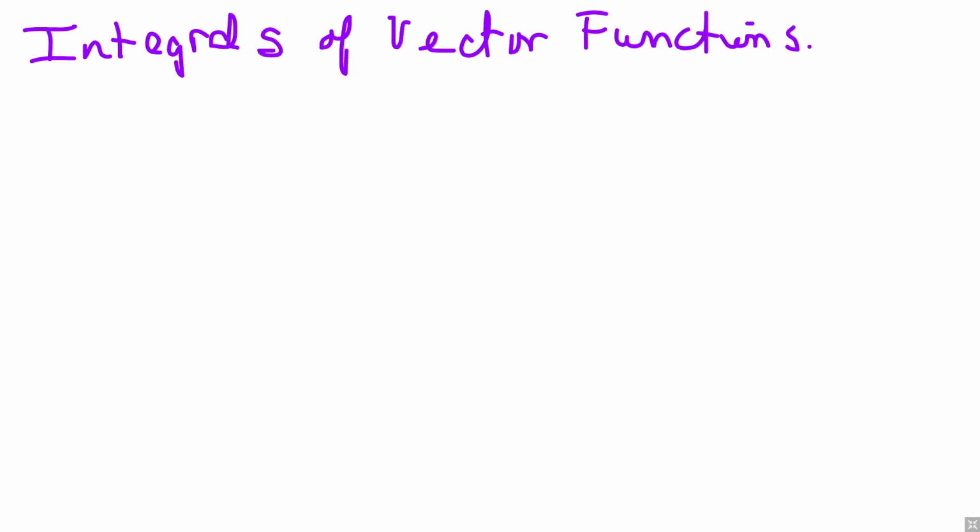If you've got the notes for this in front of you, I'm just going to read them off. Starting off, the first one is the definition. It says the indefinite integral of r with respect to t is the set of all antiderivatives of r, denoted by the integral of r of t dt equals capital R of t plus c.